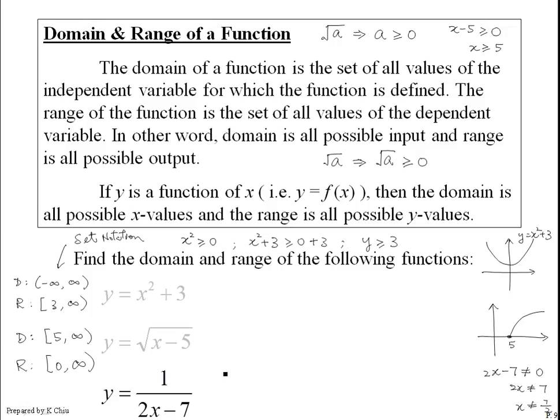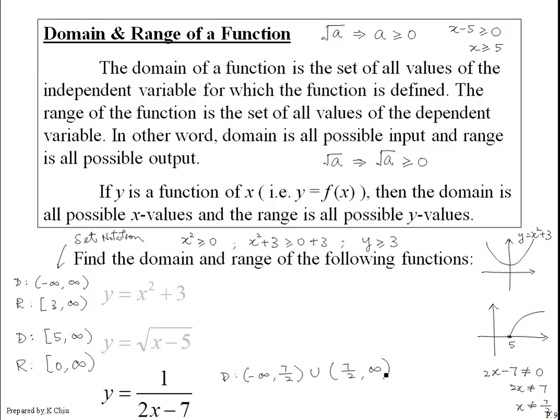So when I write the domain, that would be from negative infinity all the way to 7 over 2, close the parenthesis, union from 7 over 2 all the way to positive infinity.